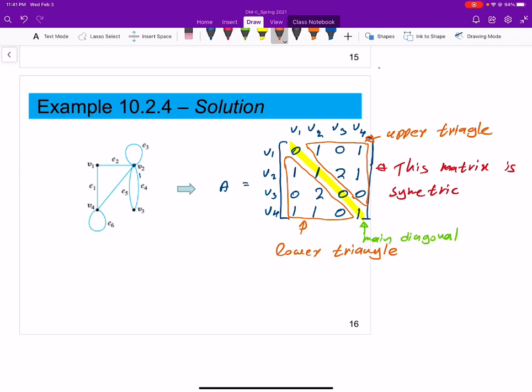They are the same actually. You can just take this triangle and lay it on top of that one. They are the same. So you know the symmetry now. This is a nice property in undirected graphs.